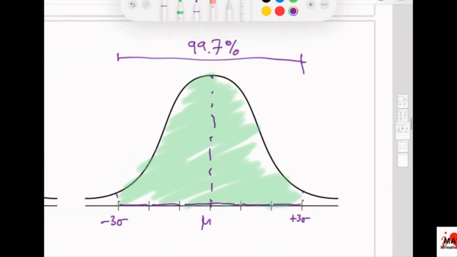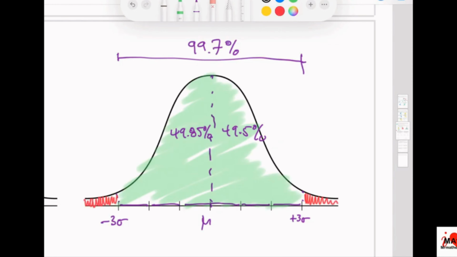So let's just say you divide 99.7 in half. You divide it by 2. So 99.7 divided by 2 gives me 49.85%. Okay, I do want to point out an area that we did not talk about, this area in red. These are called the tails.